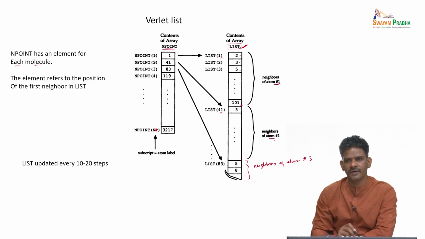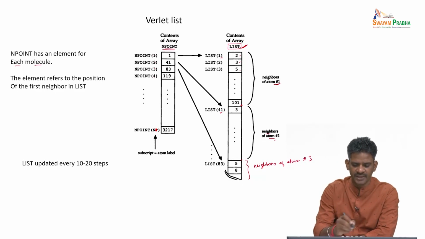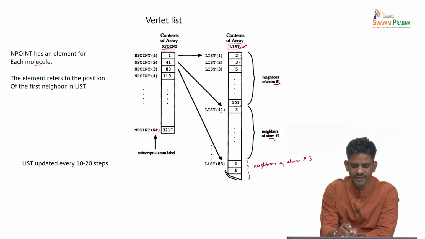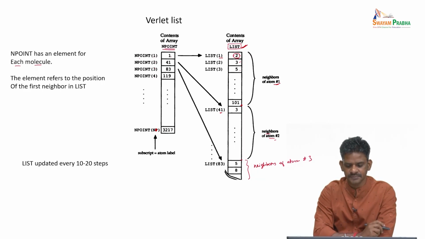For each molecule, this endpoint array has an element, and what this array element is, is nothing but the address of the first neighbor. For example, if you look at endpoint of 1, it refers to 1, and this 1 is the first element of the list, which contains the first neighbor of the first atom.